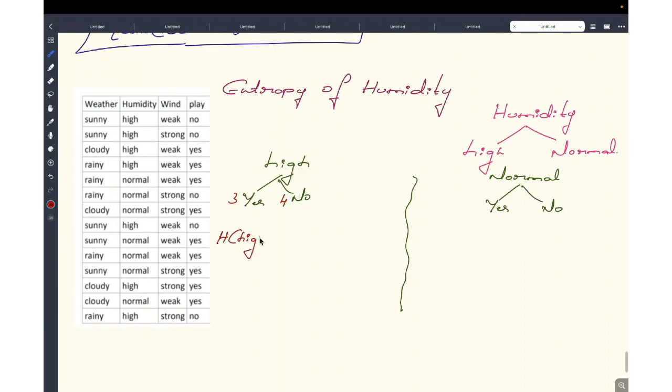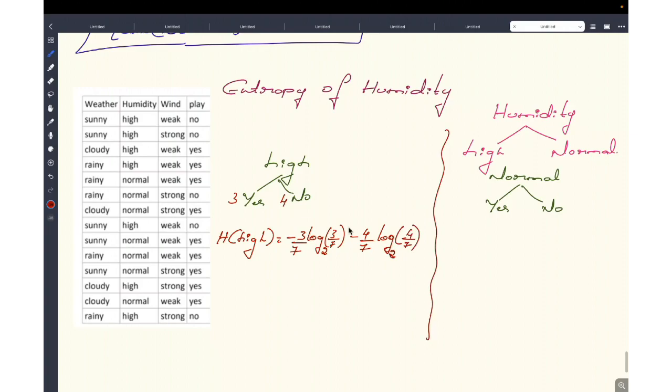Entropy of high equals, you need to tell an answer, 3/7 log base 2 3/7 minus 4/7 log base 2 4/7.